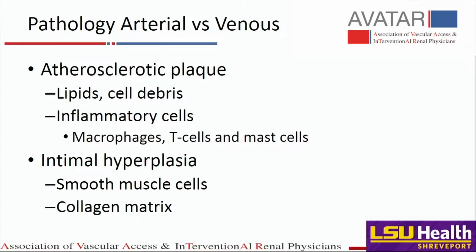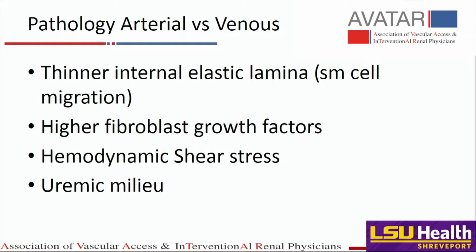The plaque or the disease in an artery is very different than the disease in a vein, so we have to keep that in mind when we look at this topic. Most of the atherosclerotic plaque is cell debris, lipid, with some inflammatory cells, whereas the intimal hyperplasia seen in a vein is usually a thick collagen matrix with a lot of smooth muscle cell proliferation. It's a little different disease.